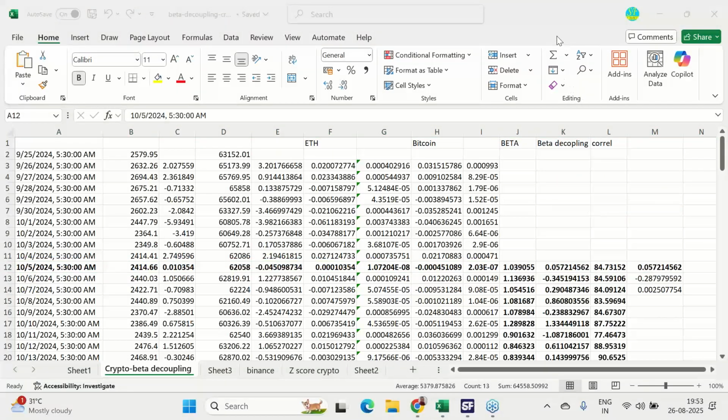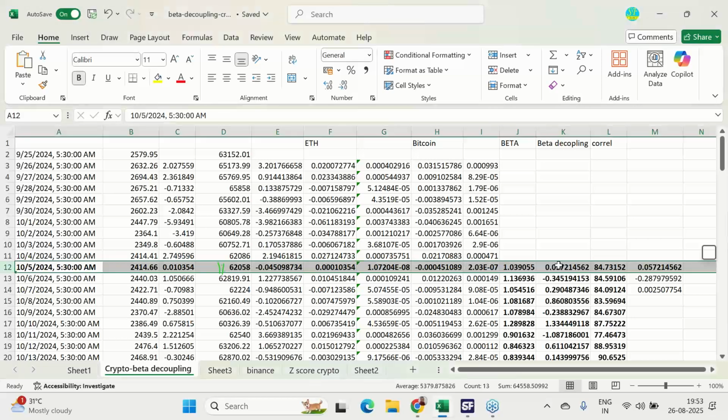So for 5th October 2024, we expect that whichever is the higher volatility instrument will move more, because a higher volatility instrument will give you more return. So if Bitcoin goes up by 1%, this should give you 1.03%. But what effectively happened is very important.